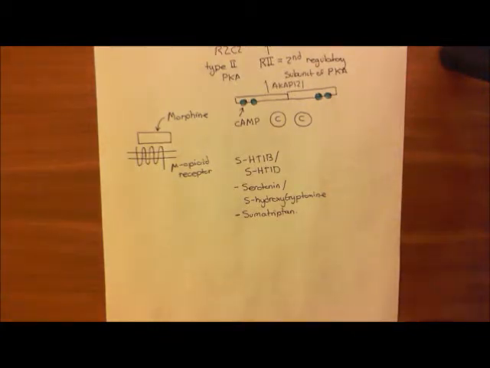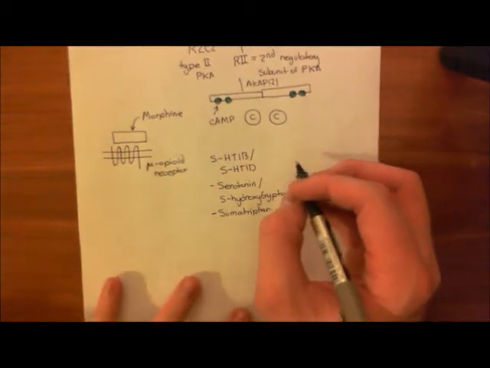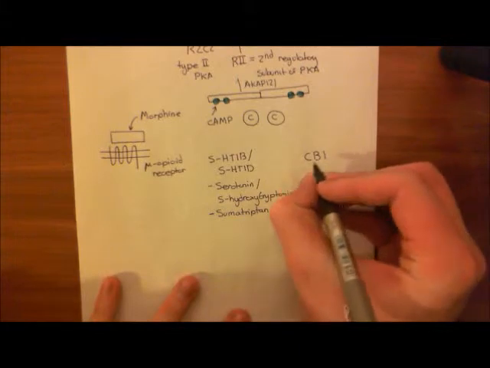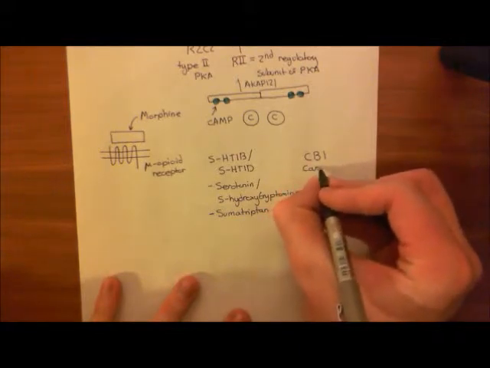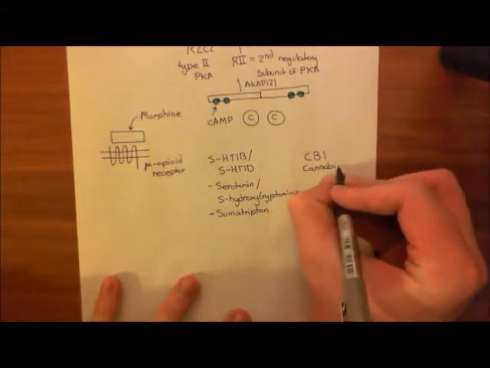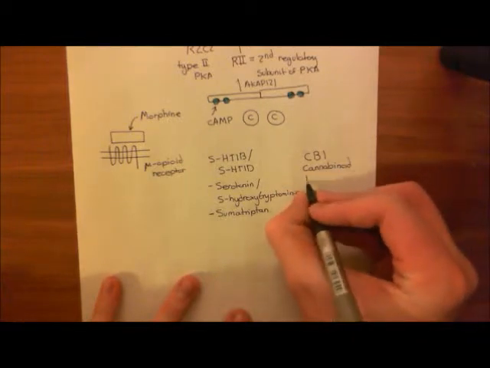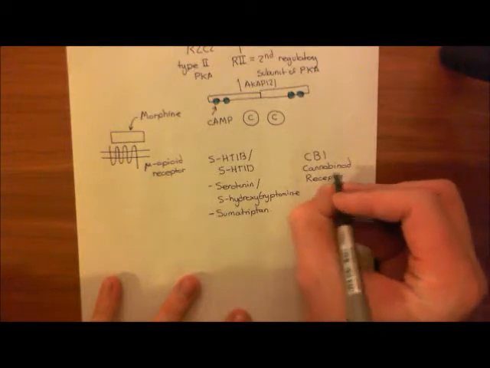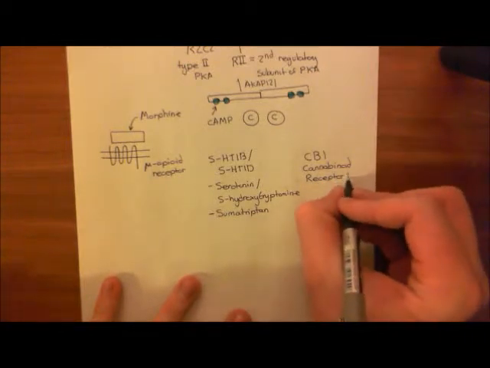Okay, so let's have a look at another example of a G protein coupled receptor. In this case, it's going to be the cannabinoid receptor 1, the cannabinoid receptor type 1, basically. By its name, we know where it came from.